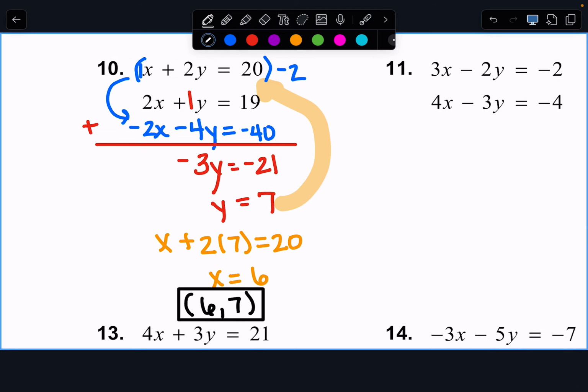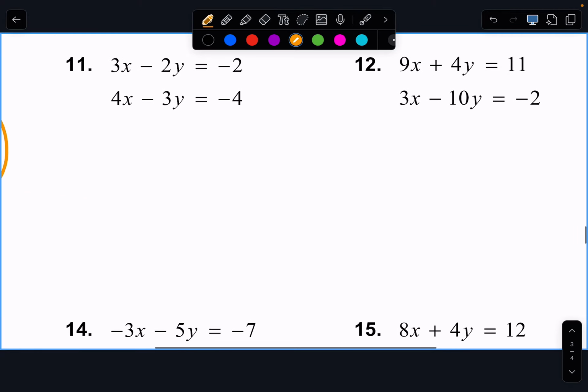Okay, I heard some questions happening. Do I need to answer a question up here? Now, was this the only way to do it? No, that's the beauty of this. We could have multiplied the second one by negative 2, and then our y's would have been opposite. But guess what? We would have still gotten the same answer. So some of you might choose to make x's opposite. Some of you might choose to make y's opposite. It doesn't matter.